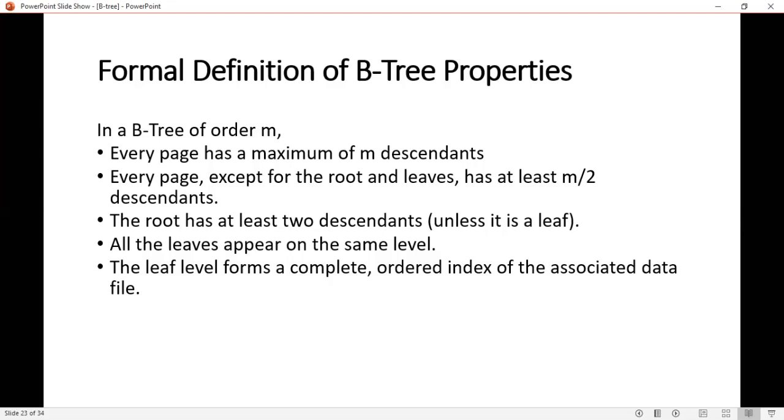So you can get the ordered index from the lowest level of the B tree, and the lowest level of nodes will give you the ordered index of that particular associated data file.